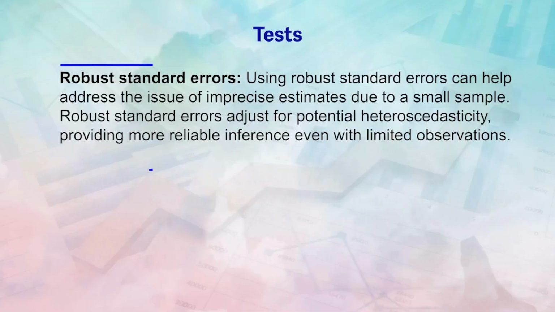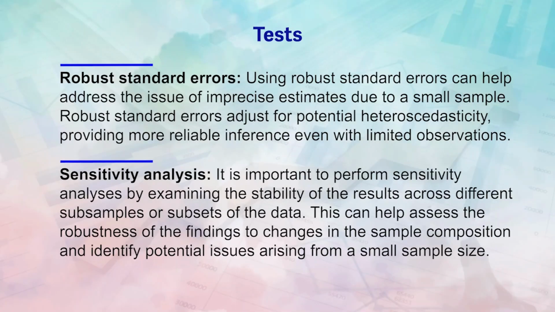Another important point that comes up from this small sample size is sensitivity analysis. Sensitivity analysis means that after the estimation is done, we can run some robustness tests to see whether the results change with the inclusion of a new variable or the deletion of a variable, because deletion is more important when the number of variables is large. If any such changes occur in the estimation results, then definitely the result is non-robust, so we cannot continue with such a result.